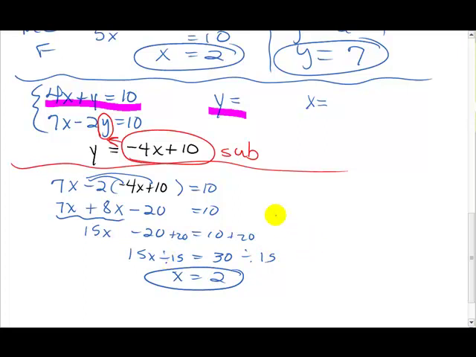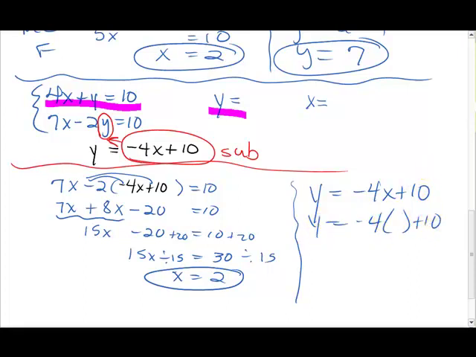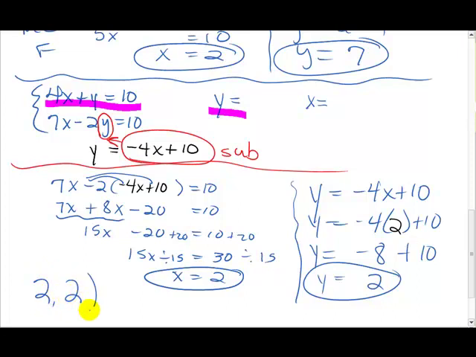And then I'm going to take, and really you should go back into your original problem, but you can go from here. y equals negative 4x plus 10. And so your ordered pair would be 2, 2, to make this system of equations true.